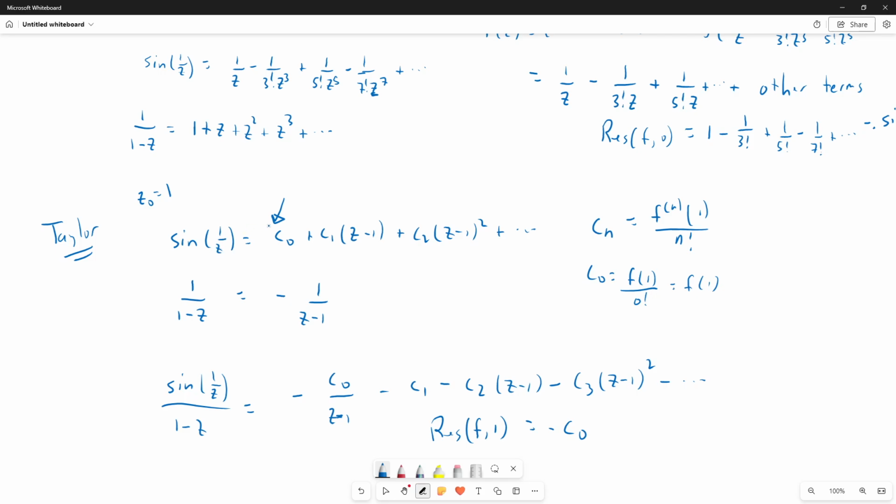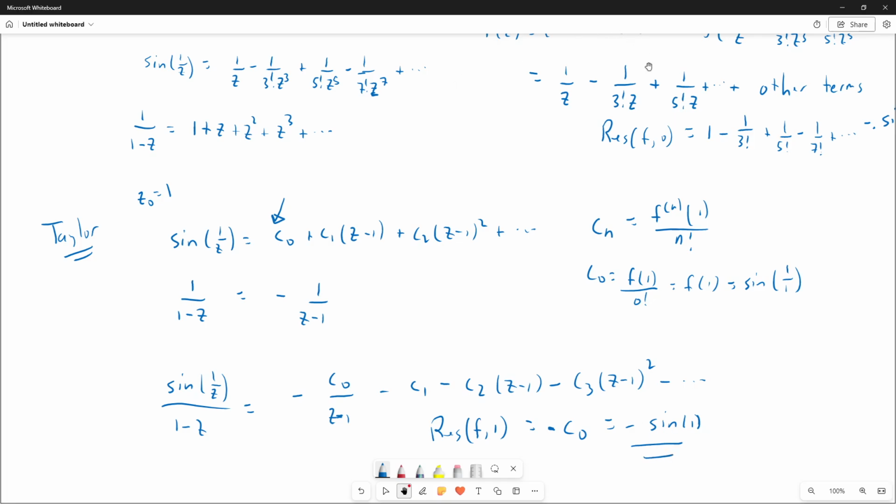If we plug 1 in there, then this is the sine of 1. And we have this negative sign here. So c0 is the sine of 1, it's the sine of 1 over 1, z equals 1. Okay, so this gives us our second residue. It's negative sine of 1.